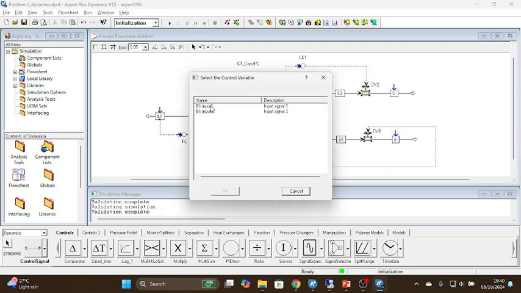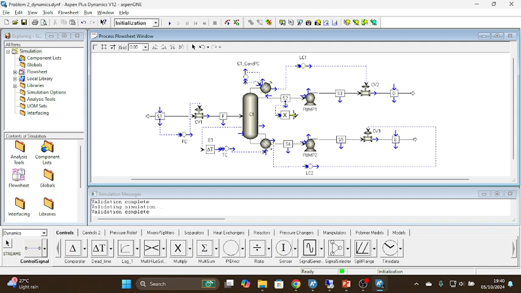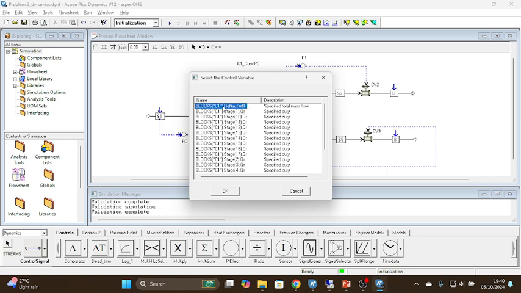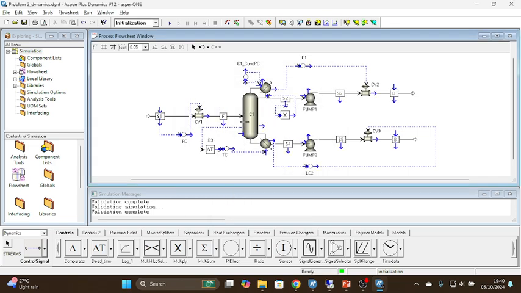This comes over here. The output of this will go here, and here we have to specify the reflux, that is, specify the total mass flow. And then I have to click on OK. And this is done. This comes down. This goes down. This is S2.